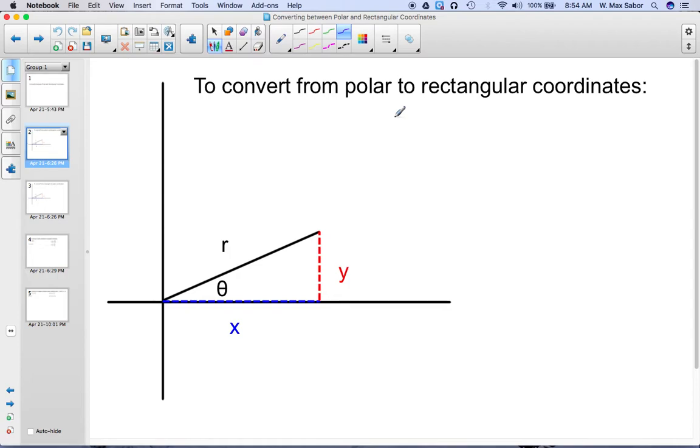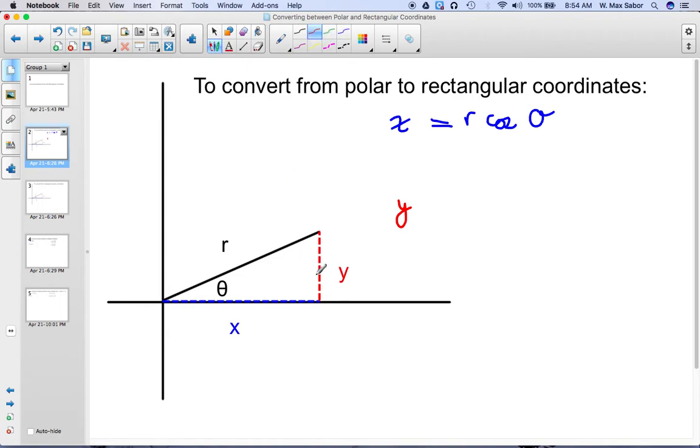If we want to convert from polar to rectangular, we want to figure out how to find x and y if we have r and theta. So how is x related to r and theta? Well, this is the adjacent side of a right triangle, so the adjacent side over the hypotenuse means that x is r cosine theta.